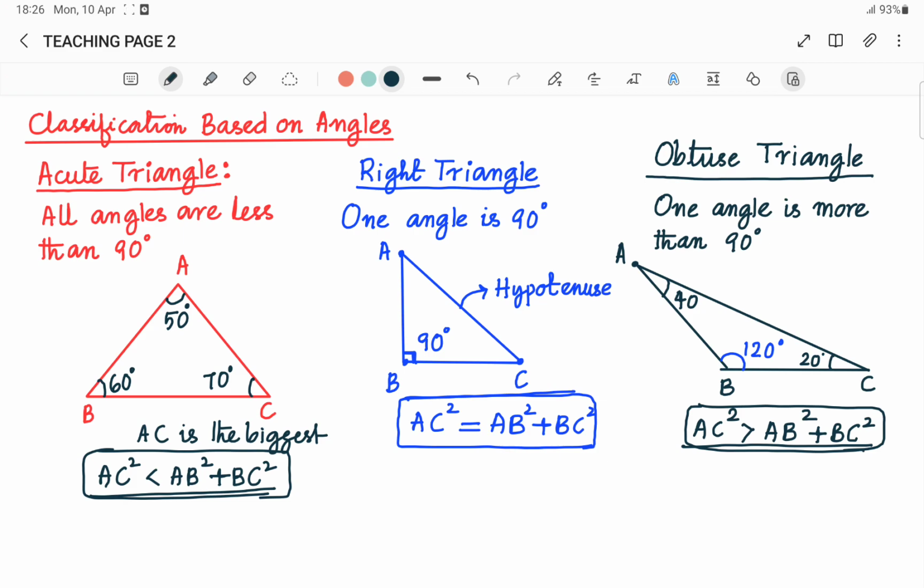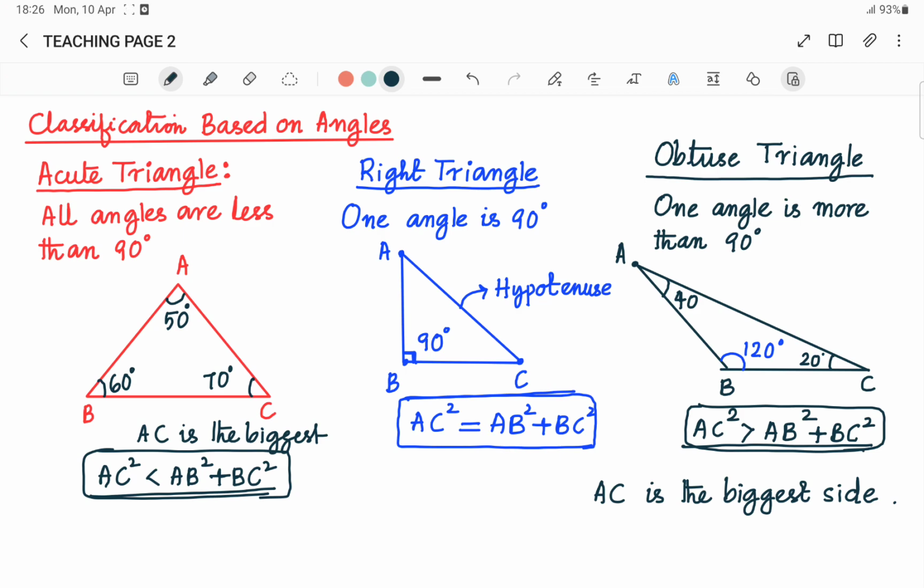And if AC square is greater than AB square plus BC square, then it is an obtuse triangle. All these conditions are written assuming that AC is the biggest side. So that is the classification of triangles based on angles and based on sides.